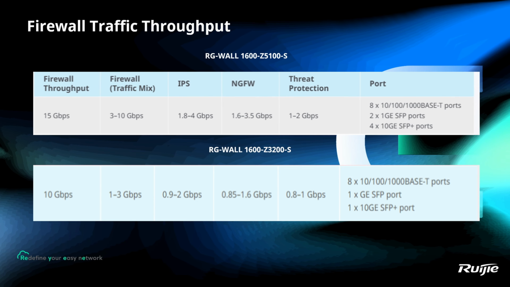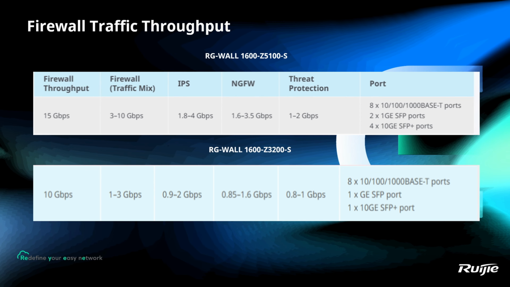For example, on the new firewall, the Z5100S, when you're running the full suite, you need security licenses. Assuming you've bought the hardware and added the security licenses, when everything is running maximally, you're going to get around 1 Gbps of traffic. So from 15 to 1 Gbps, still quite high.